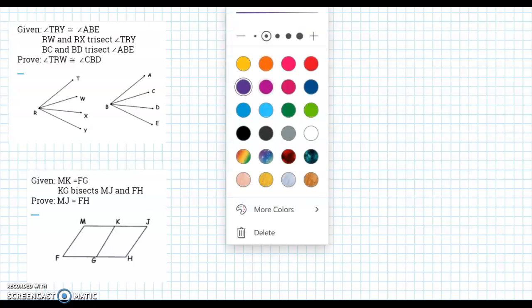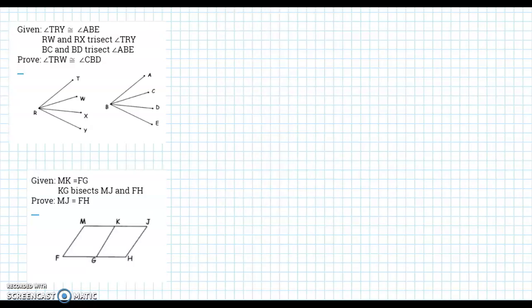It has angles. Sometimes life gets confusing when we name angles with 3 letters, but let's figure it out. TRY and ABE. And RW and RX trisect. That means 3 equal parts. So both of those angles are trisected. So I know this big angle is equal to that big angle, and these little guys are all equal because they're trisected. And I want to prove that TRW is equal to CBD.